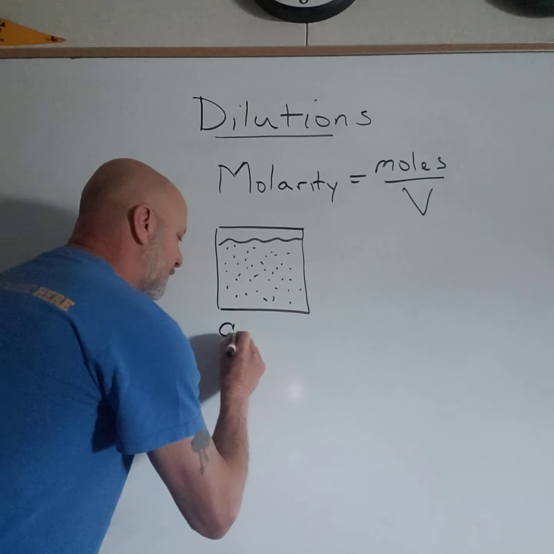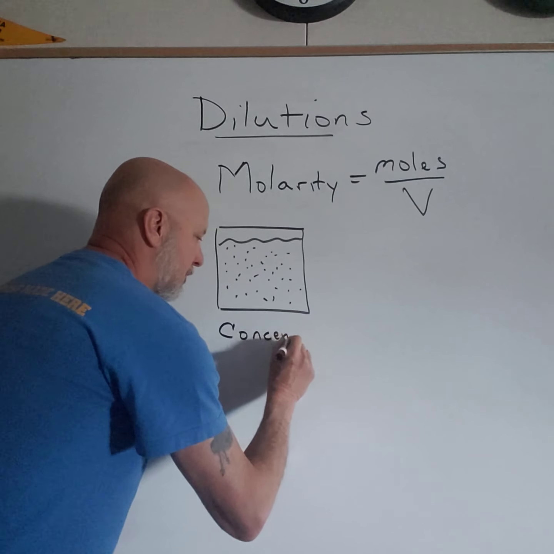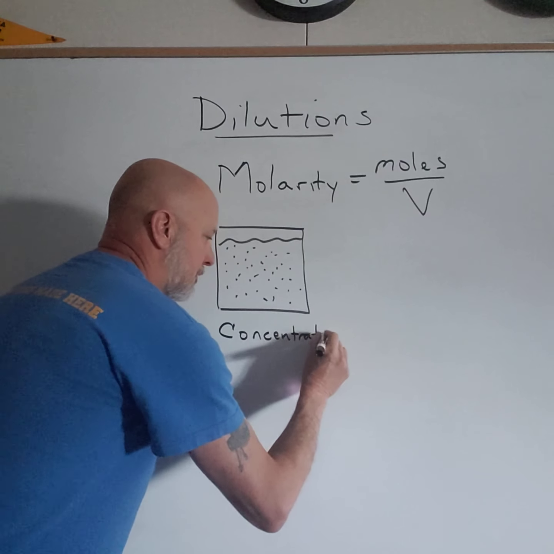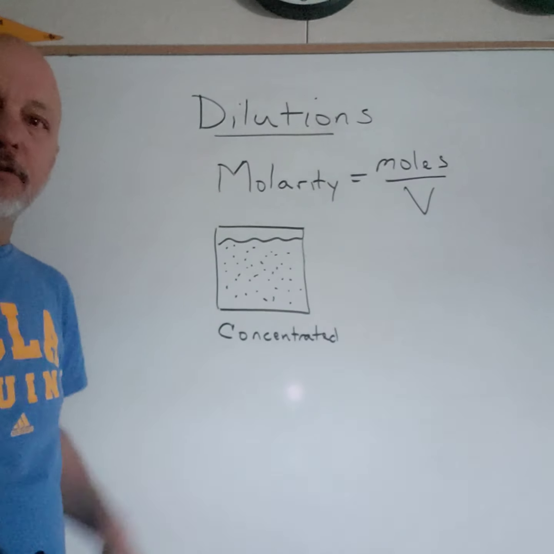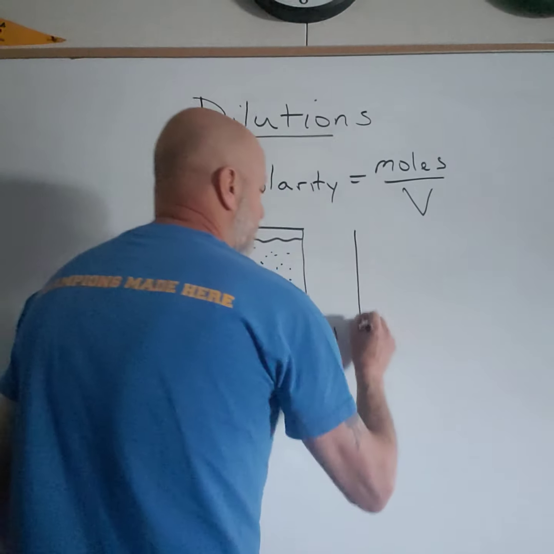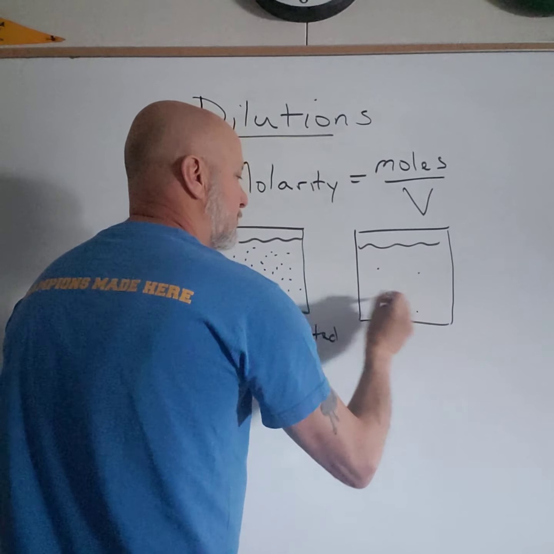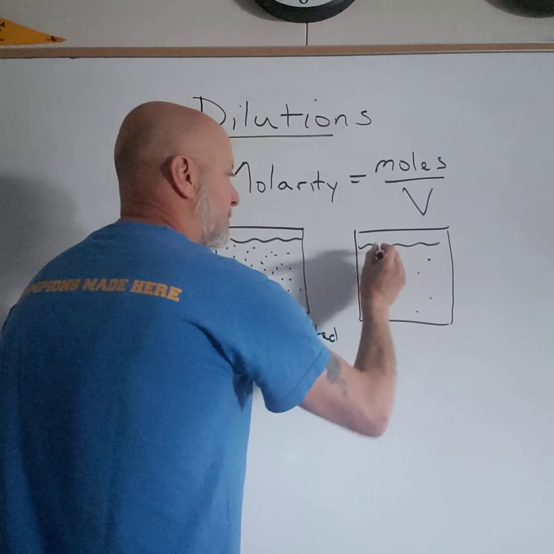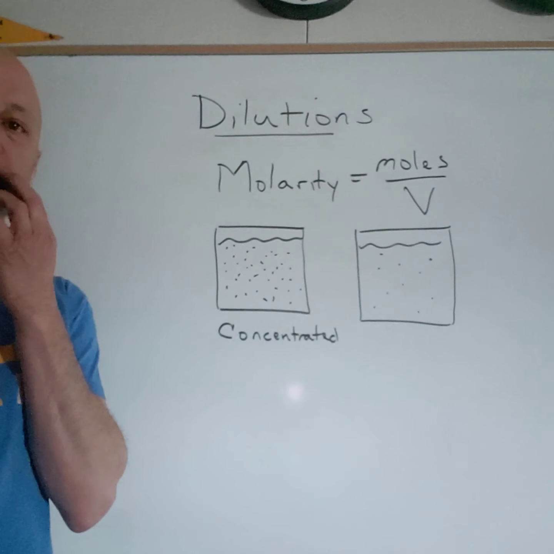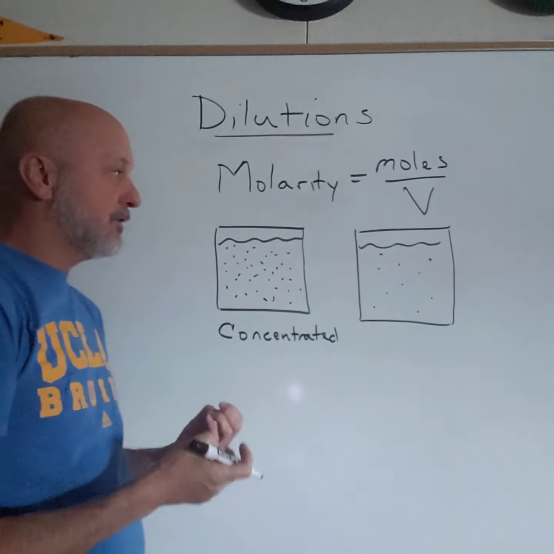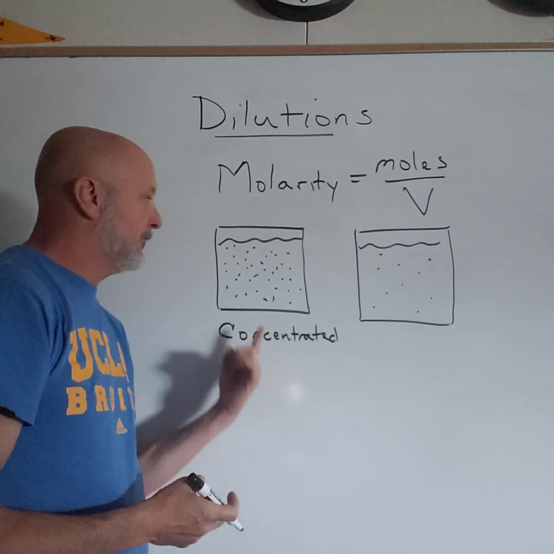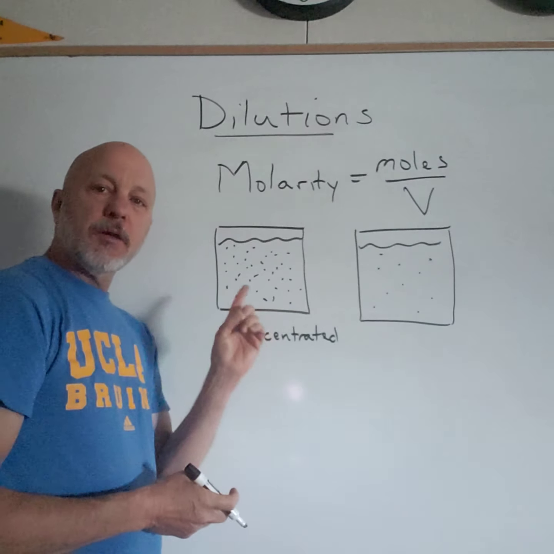So this would be concentrated. I'm trying to show there's a lot of salt in this water. And then if it's more diluted, maybe not so much salt, right? Less concentrated.